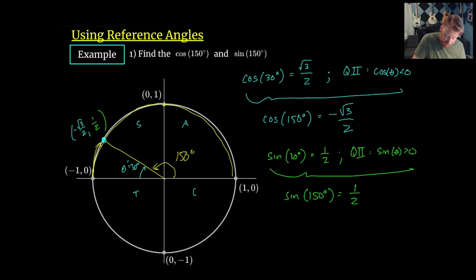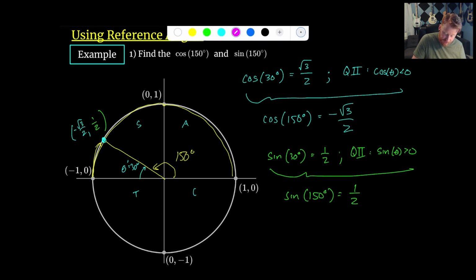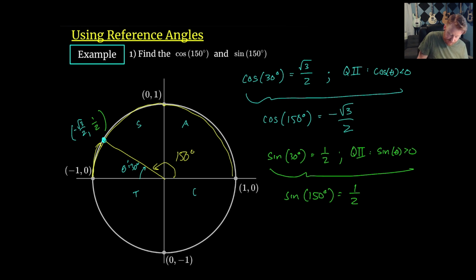We can make sure that this is looking right, and this is the way that I usually actually find these values. If I wanted the cosine, I could think about dropping this down to the x-axis here, always to the x-axis, and thinking, does this look like it's closer to 1/2, or does this look like it's closer to the square root of 3 over 2? And that sure looks like it's closer to the square root of 3 over 2 because 1/2 is over here.